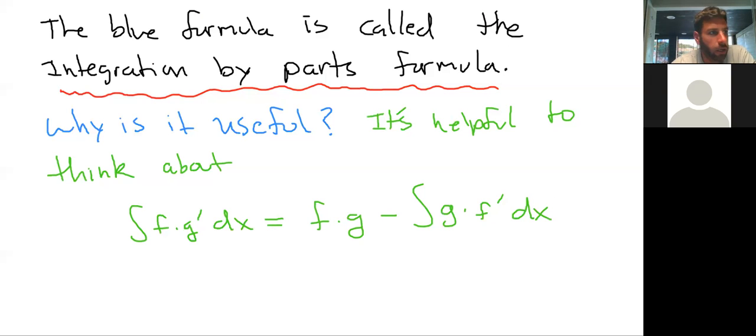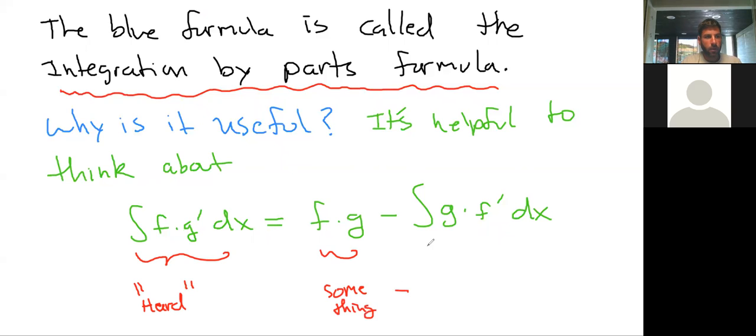And the way I would encourage you to think about it is like this: hard integral equals something, which we don't have to integrate, minus, hopefully, an easier integral.